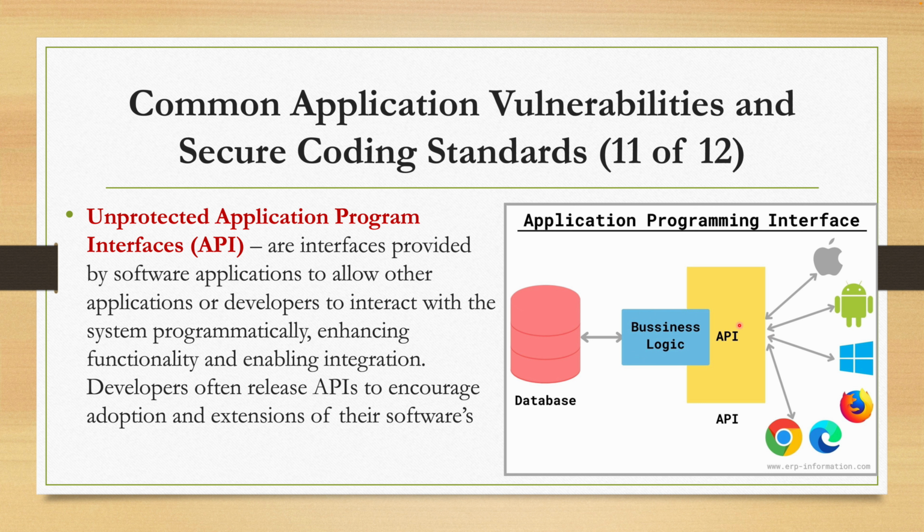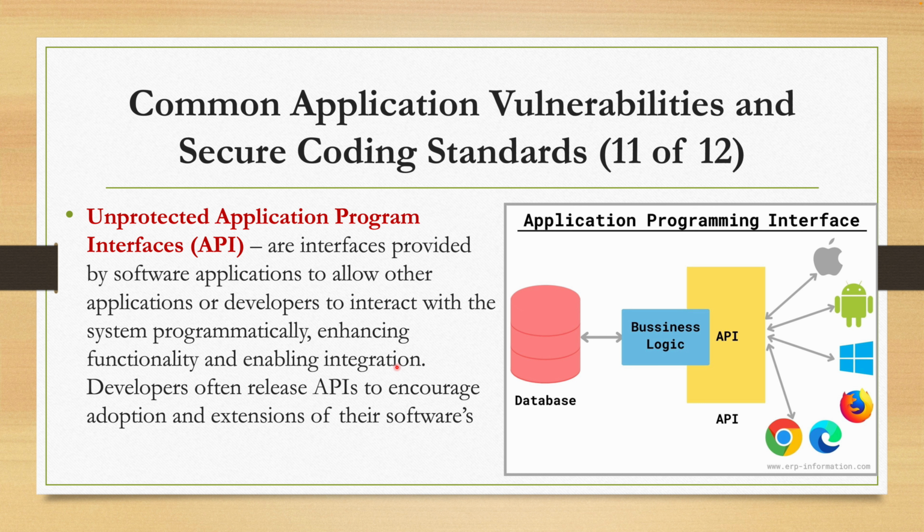Similarly, APIs without authentication or access control can be abused by unauthorized users to exploit the system, such as extracting sensitive data, performing privileged actions, or even overwhelming the application with excessive requests. They call it API abuse.